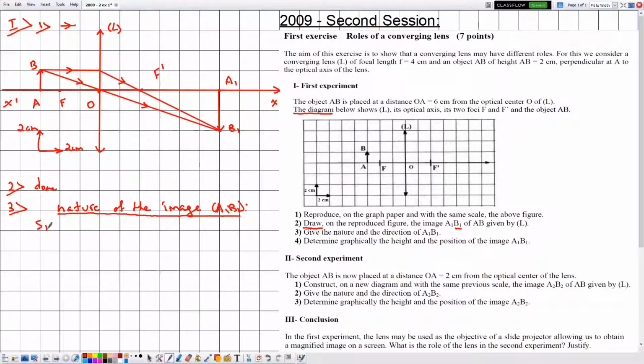Then let's write, since the object AB and the image A1B1 are on opposite sides of the lens, then the image A1B1 is real.